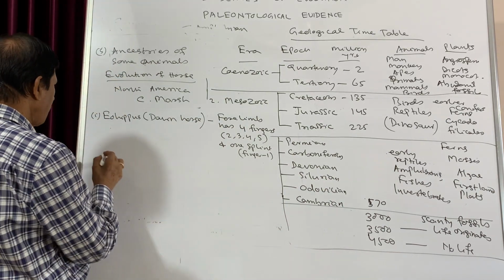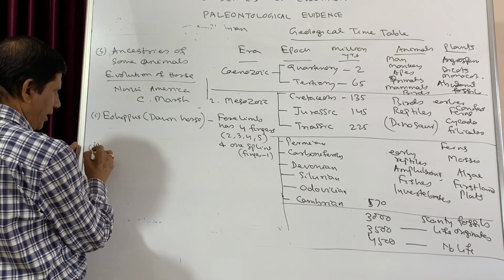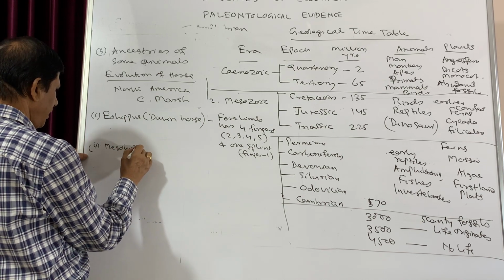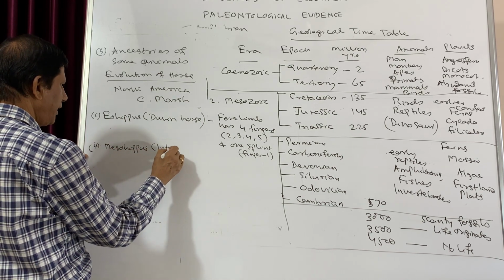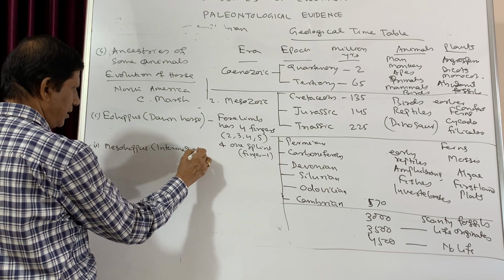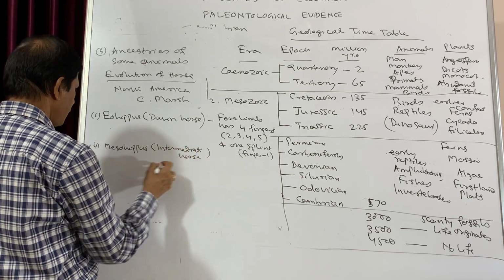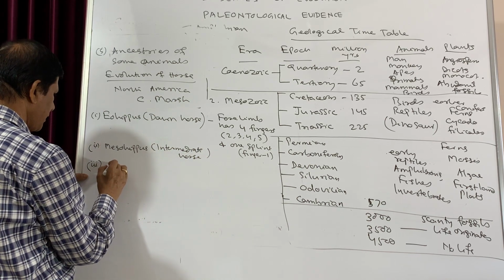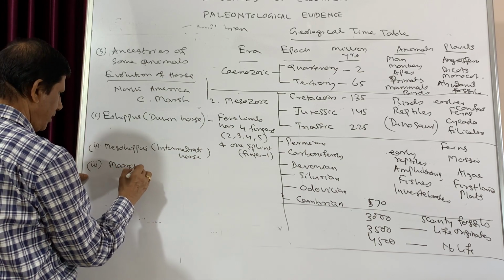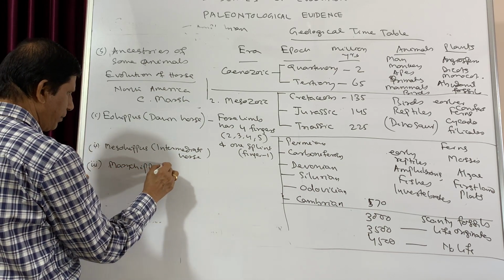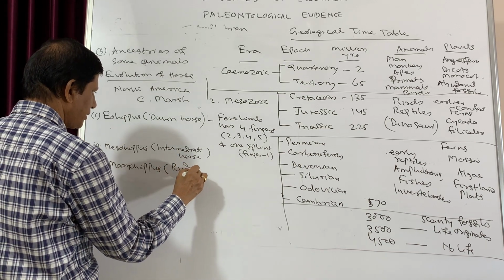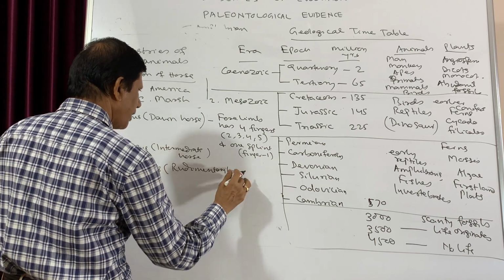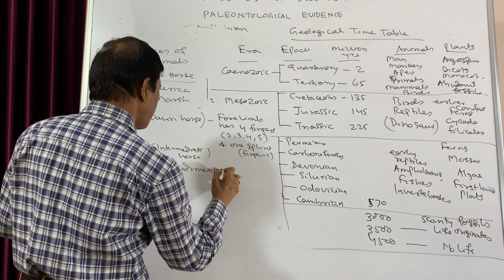Then when evolution took place, the second type is known as Mesohippus, or it is also known as the intermediate horse. And the third one is known as Merychippus, or the rudimentary horse.